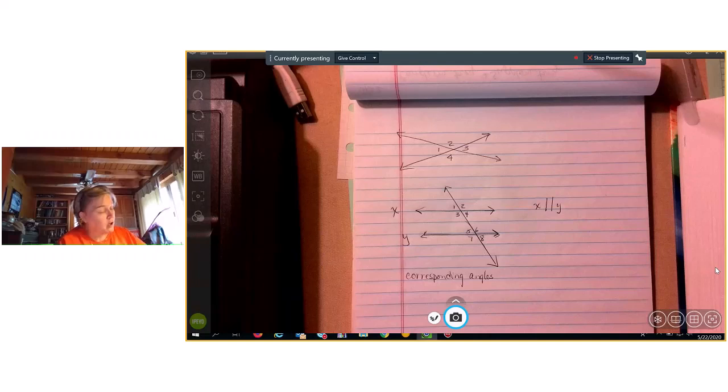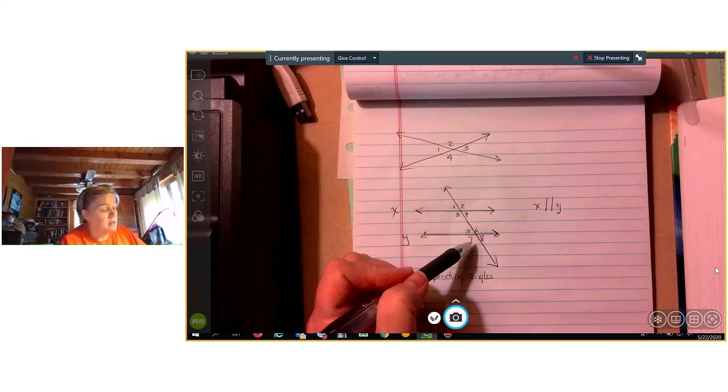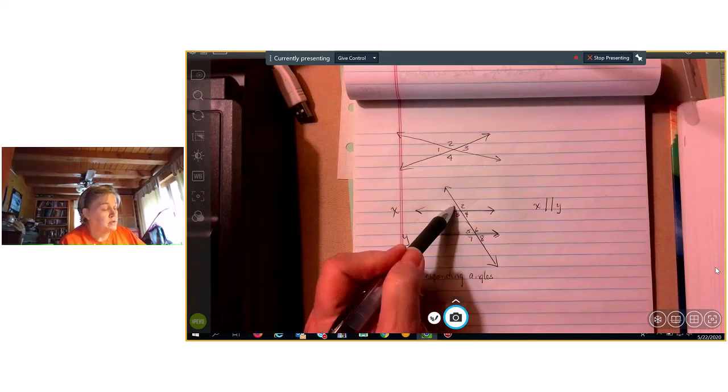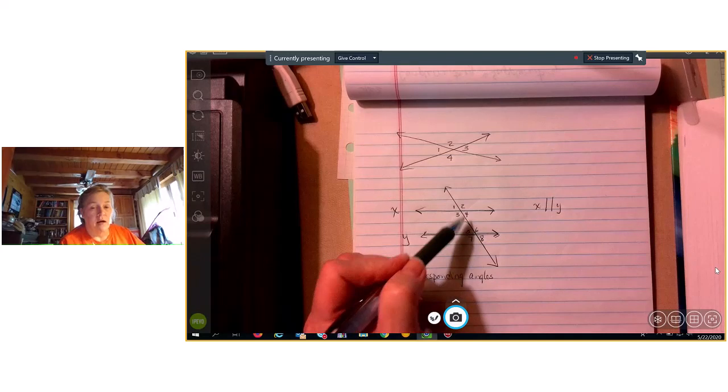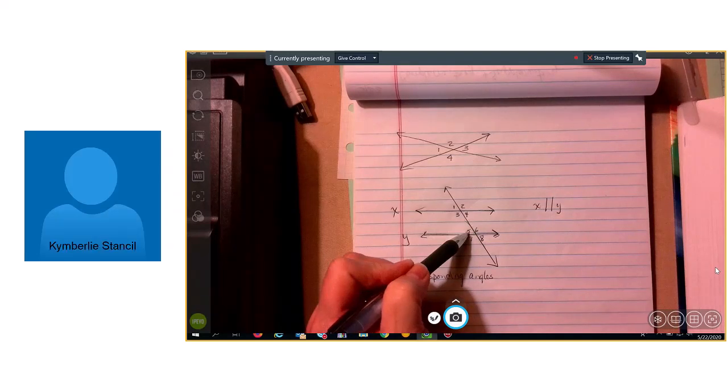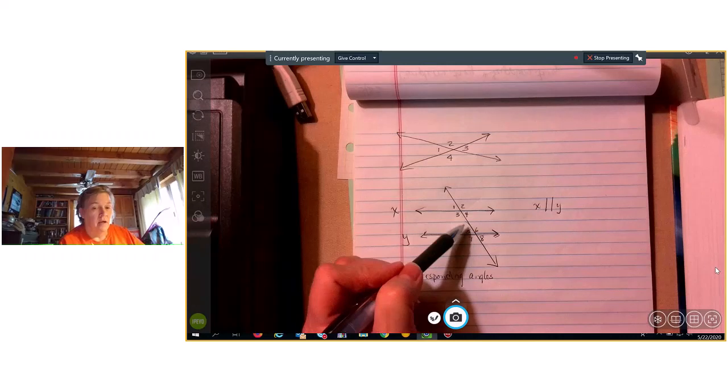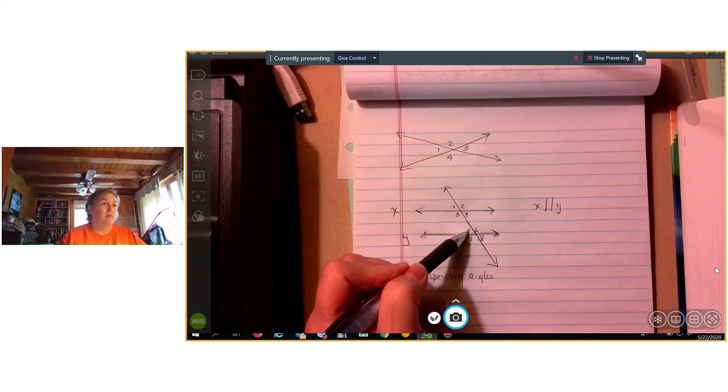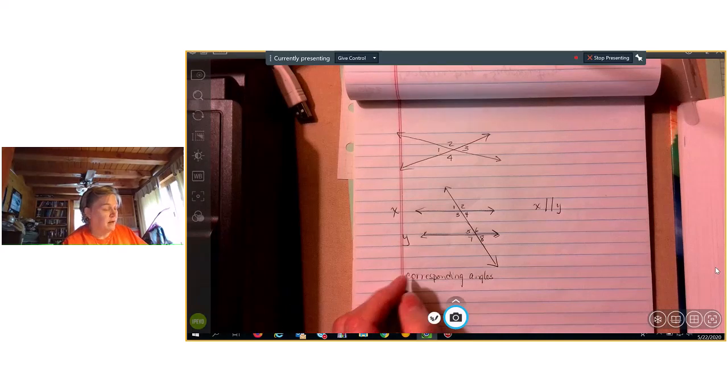And because we've got corresponding angles, that means angle 1 is going to correspond with angle 5, because it's at the same position in both lines that are parallel. So angle 1 and angle 5 are corresponding.